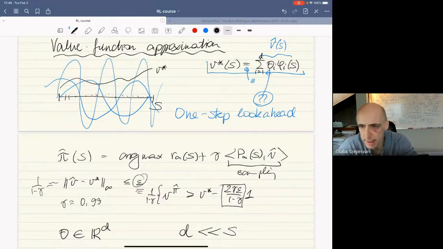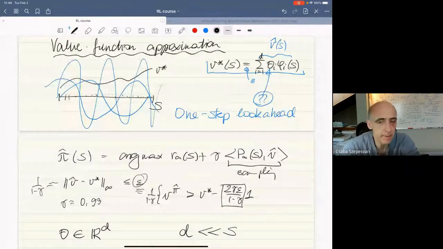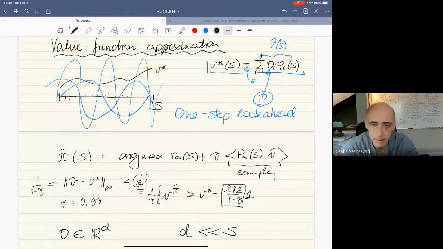We're saying that if we are lucky and the MDP belongs to this family such that its value function is easy to compress using the basis functions that we have, you don't need too many coefficients. In this lucky case, can we do things?